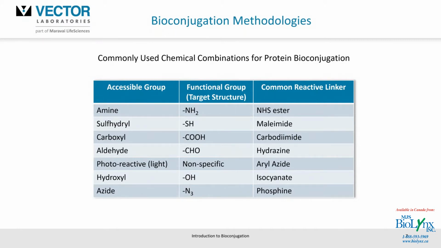Certainly this is just an abbreviated list of some of the many ways you can attach linkers to proteins, for example. I'd say the most commonly used ones are the amines listed up here, as I mentioned, very prominent and available and accessible. That's another key word. While something might be present on an antibody or a target that you want to bioconjugate, the quick question is, is it accessible, or do you have to modify it somehow to get access to that functional group so you can put a linker on it?